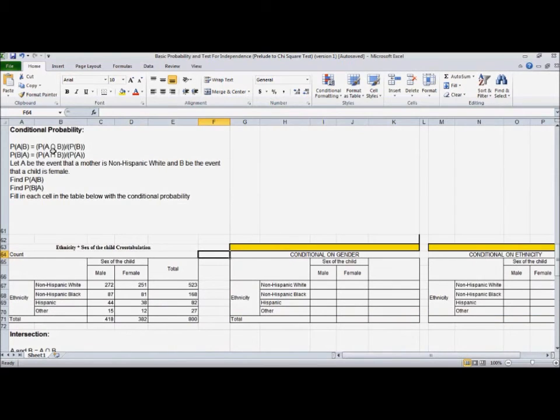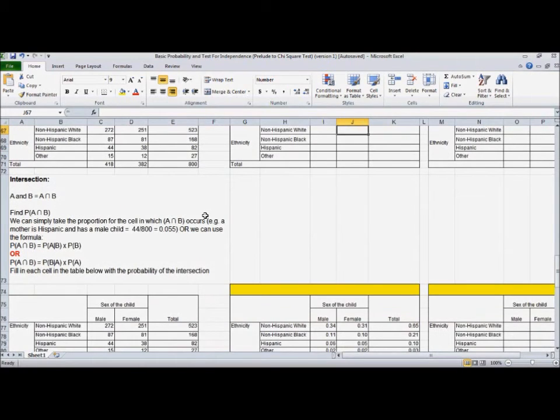So what's the probability of A and B? Let's say A is the event that a mother is non-Hispanic white. So that's that. B is the event that a child is female. So that's this, right? So what is the probability of A given B? It's the intersection divided by the probability of B. So what is the probability of that intersection? 0.31, right guys?